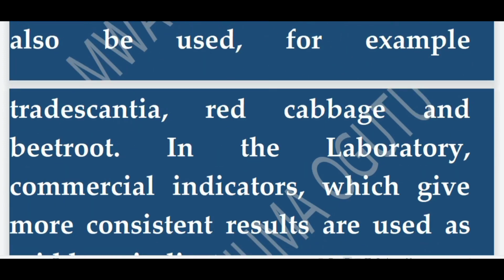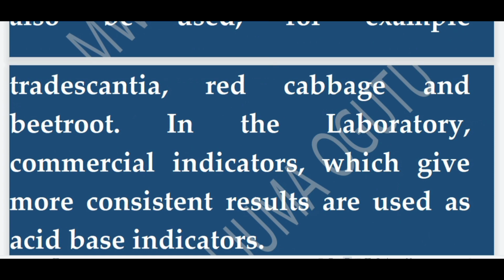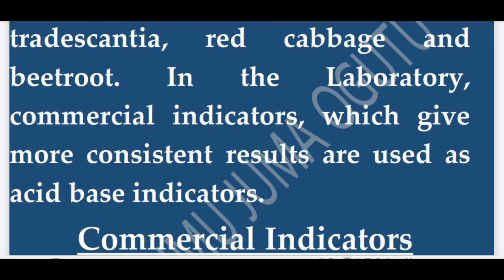In the laboratory, we have commercial indicators which give more consistent results, which we use as acid-base indicators. So even if you work out the experiment and leave it for some time, the colors won't change, they'll remain the same, which is a bit different from the flower extract that changes as time goes by.